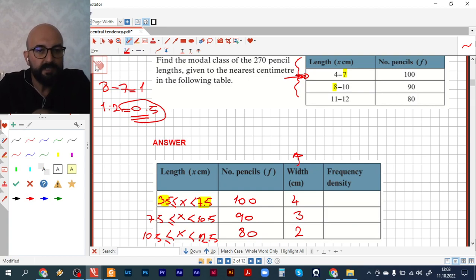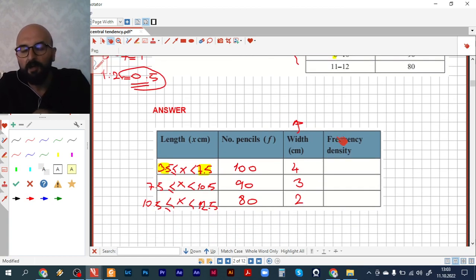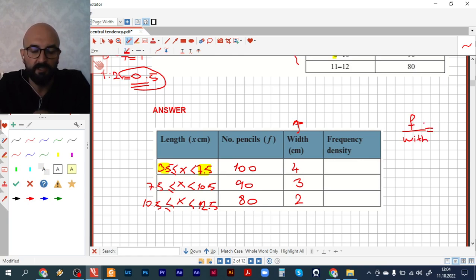And please remember how we compute the frequency density. If you divide frequency over width, you will compute frequency density.